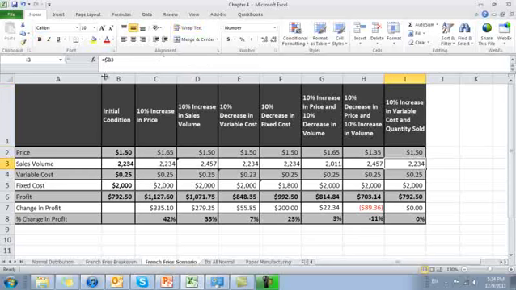Immediately you can say, well, the sales volume goes up by 10%, times 1.1, and my variable cost, because I'm increasing the quality, goes up times 1.1, or 10%. Now notice that in this scenario, I have a very large improvement in profitability, with my profit going up by 27%.